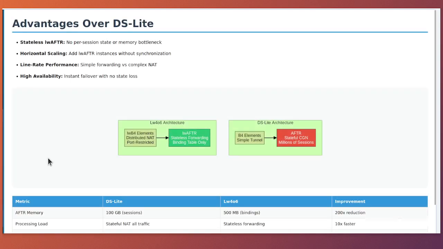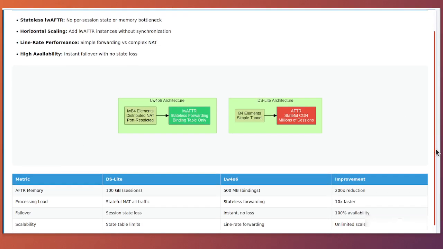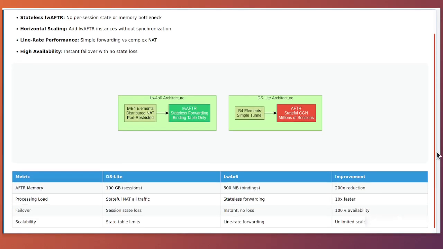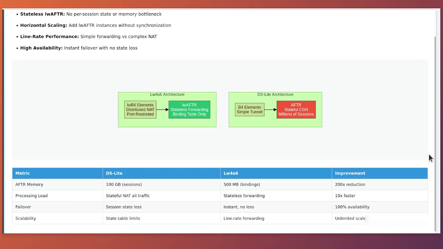Advantages over DS Lite. Lw4o6 offers several significant advantages over DS Lite, particularly in terms of scalability and performance at the ISP edge. The most profound advantage is the elimination of centralized stateful NAT. In DS Lite, the AFTR must maintain millions of active NAT sessions, tracking every TCP connection and UDP flow for every customer.